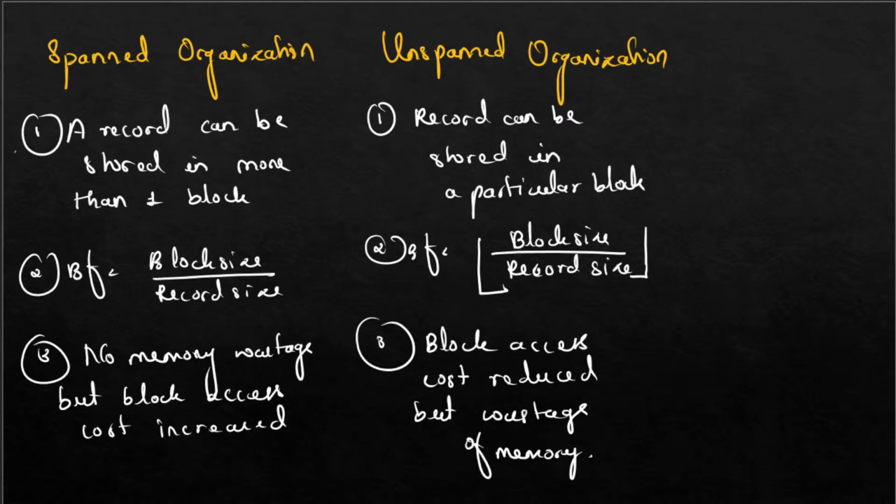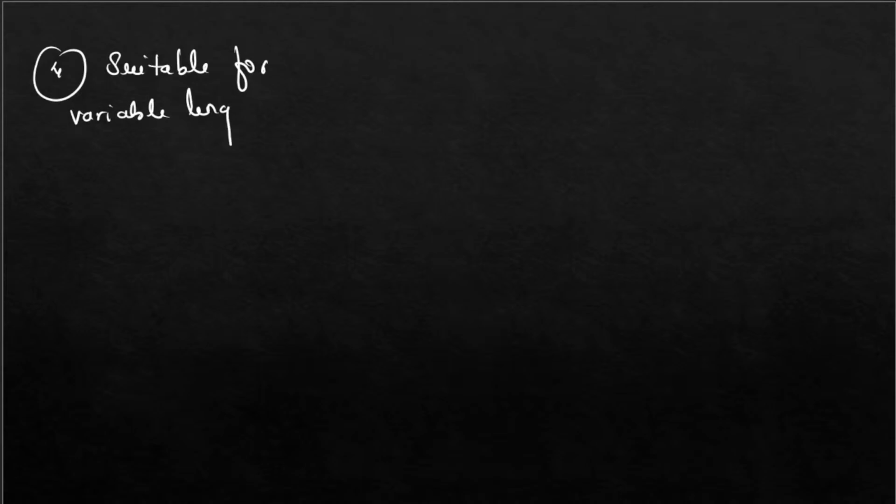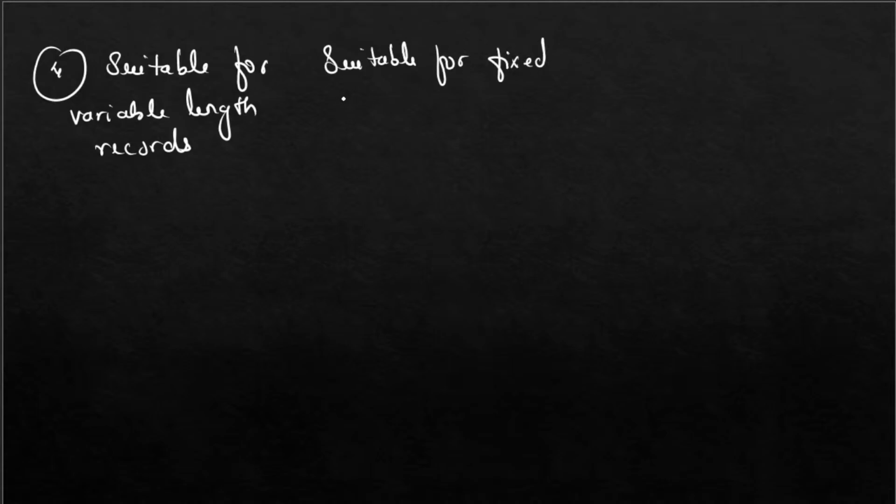And the fourth one is, spanned is suitable for variable length records, and unspanned is suitable for fixed length records.